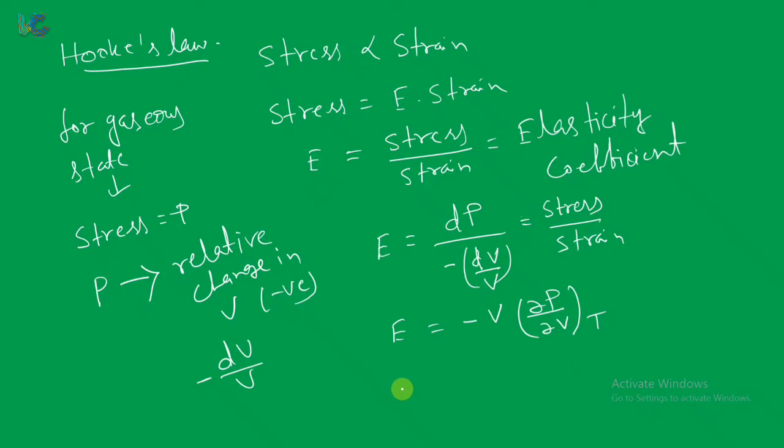Now you know that the thermodynamic coefficient beta is equal to minus 1 by V del V by del P at constant T. So from these two relations of the thermodynamic coefficient beta and the elasticity coefficient E, you can write that the elasticity coefficient E is equal to 1 by beta.